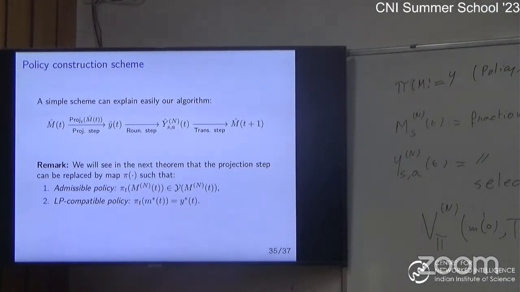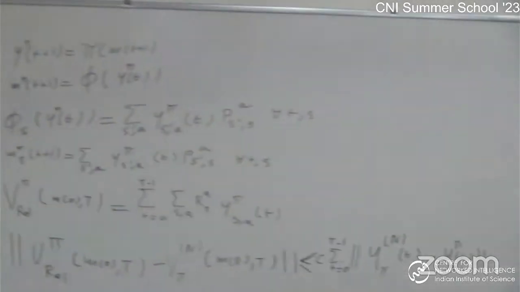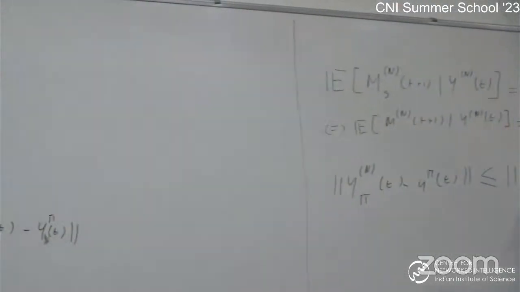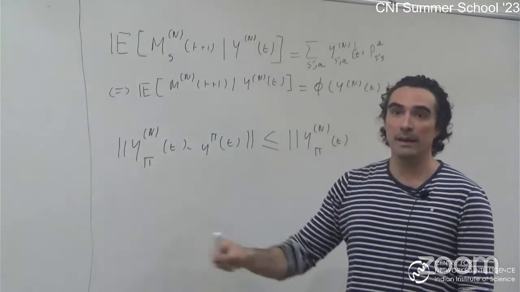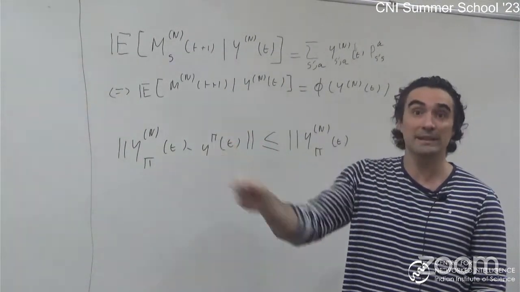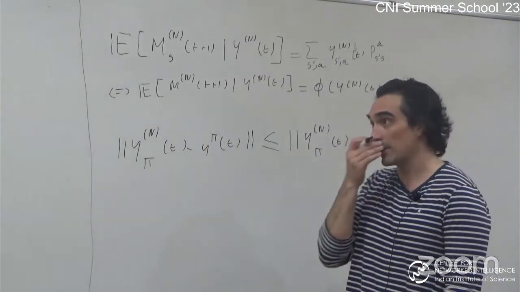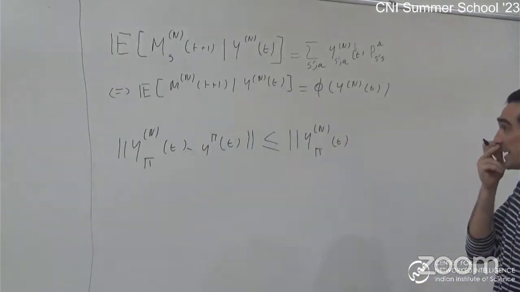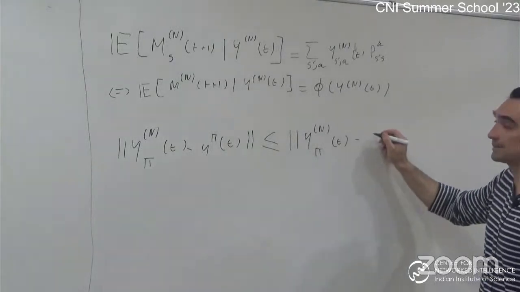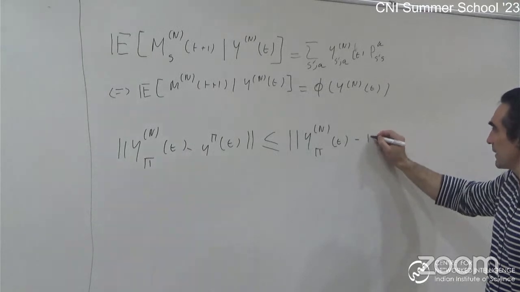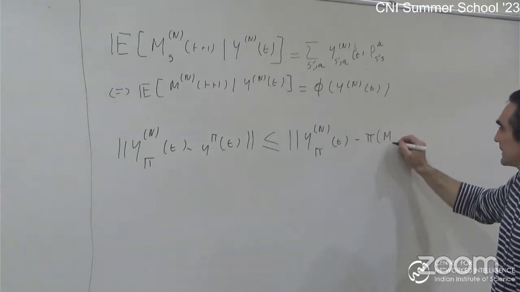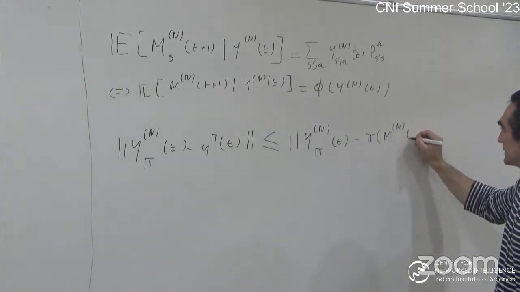So here, just by using the triangular inequality, what I can say is it's equal to Yn pi of t. When I call it pi, I'm not always talking about the projection. It can be any type of policy which is admissible. Pi of t minus Y star, so basically pi of n of t.